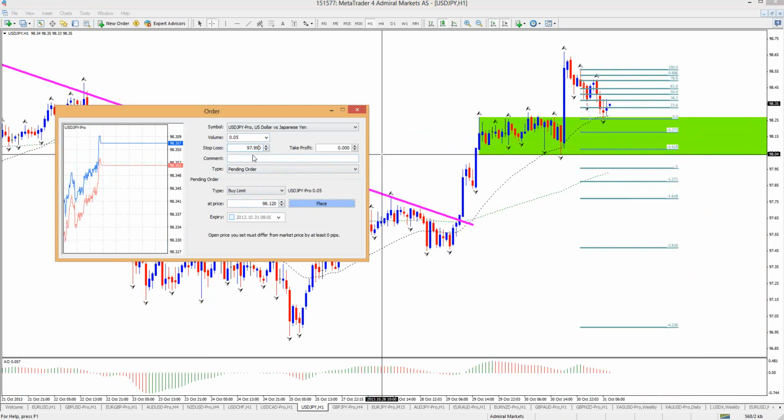I'll do 97.99. That makes a 13 pip stop loss. Times 3 is 39. 39 plus 12 is 51.